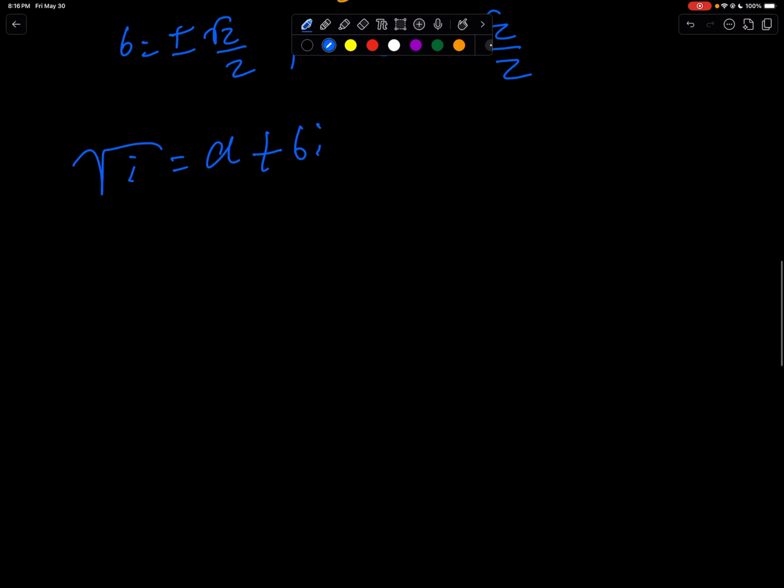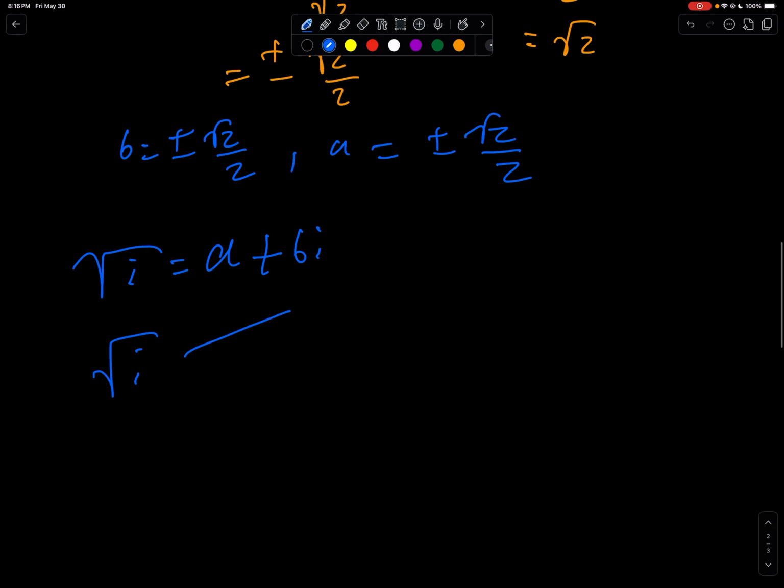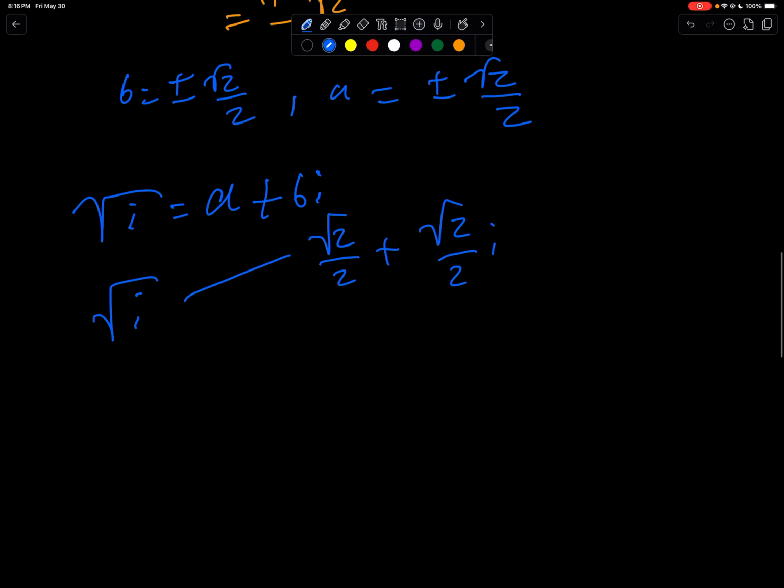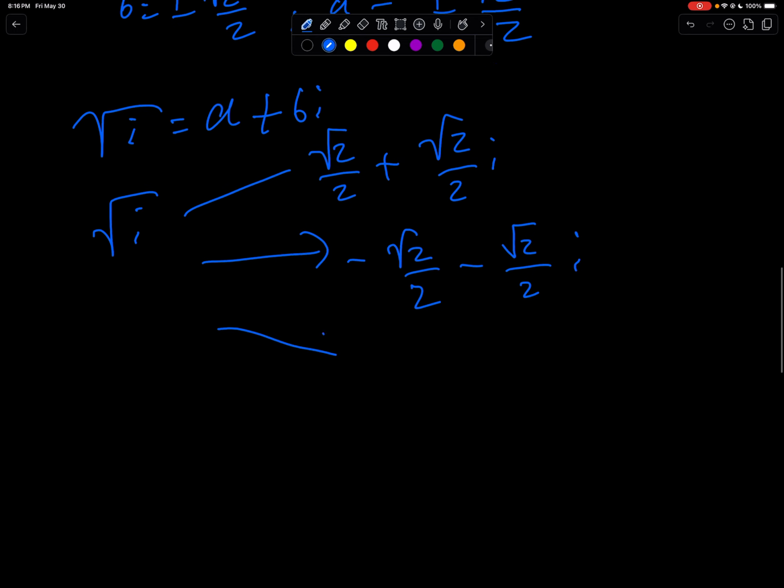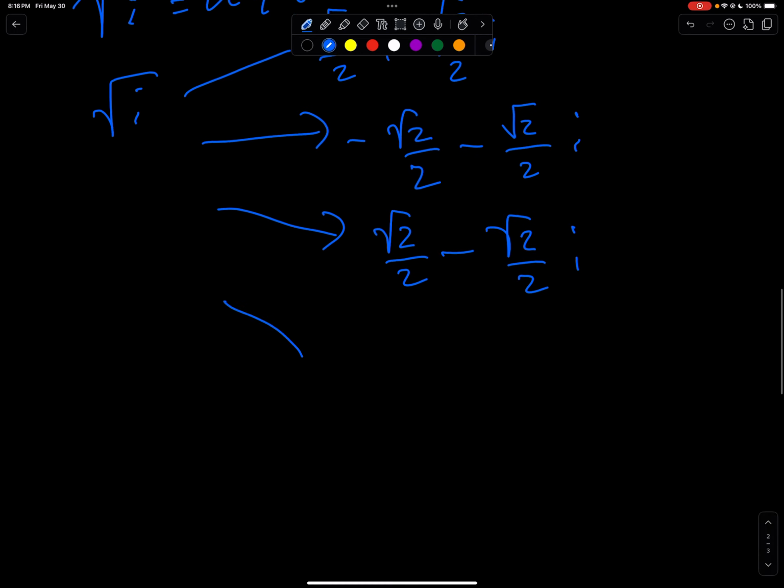So one possibility here, the square root of i, it could equal root 2 over 2 plus root 2 over 2i, right? It could also equal negative root 2 over 2 minus root 2 over 2i. And then we could have some sort of alternating here, like root 2 over 2 minus root 2 over 2i. Or then we could also have negative root 2 over 2 plus root 2 over 2i.